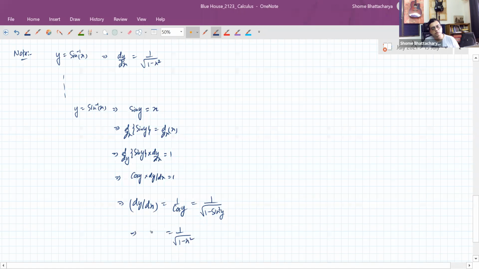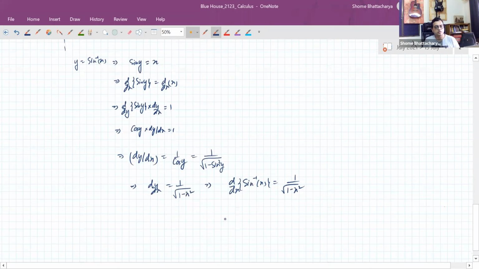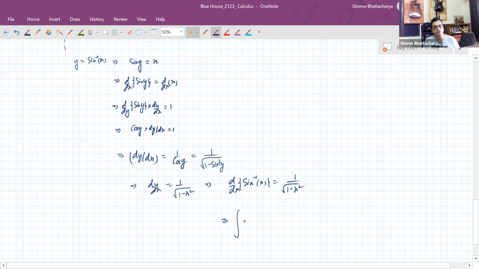So that's how we get dy by dx is this, or that differentiation of sine inverse x is given by the formula 1 upon square root of 1 minus x square. So now you can see that the reverse of this is that integration of 1 upon square root 1 minus x square dx is equal to sine inverse x plus c.